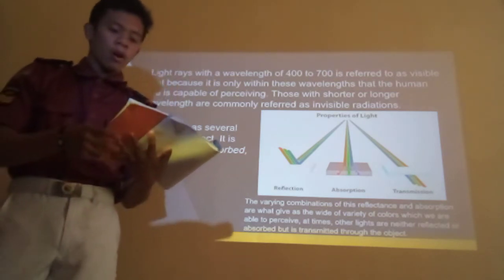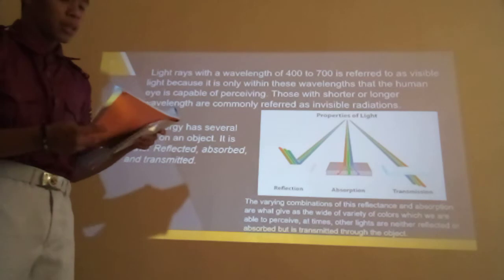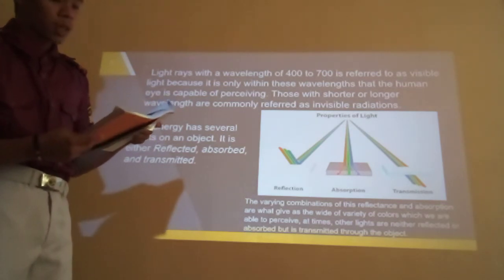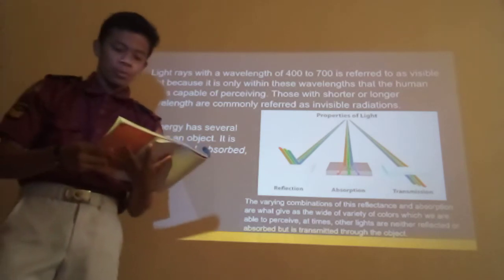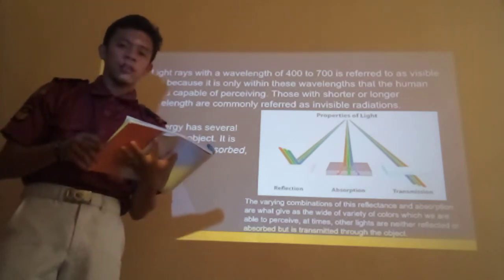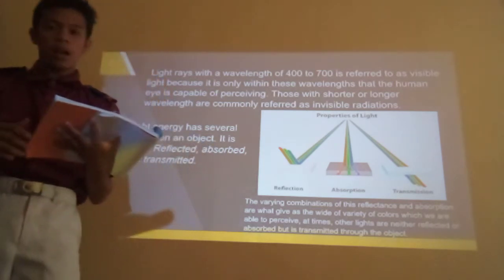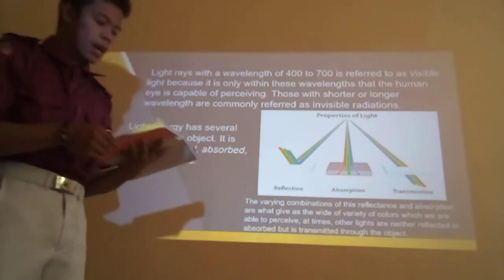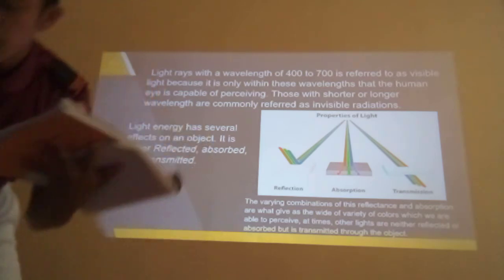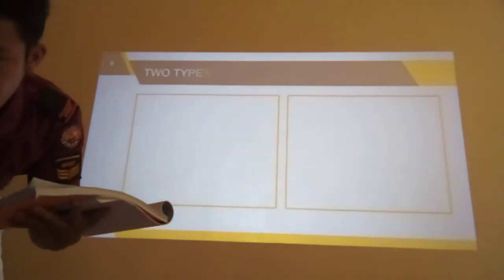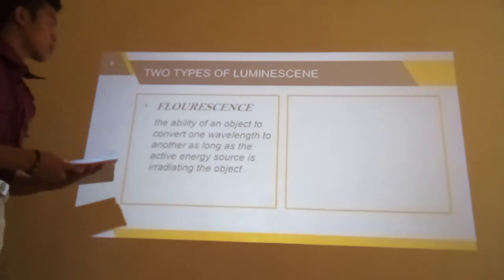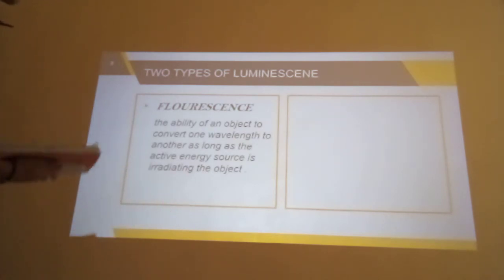So we can call it luminescence if the heat of the sun is converted into another wavelength. There are two types of luminescence, fluorescence and phosphorescence. This is the type of luminescence.